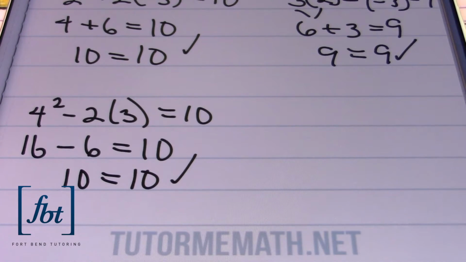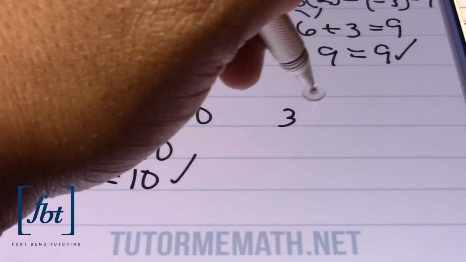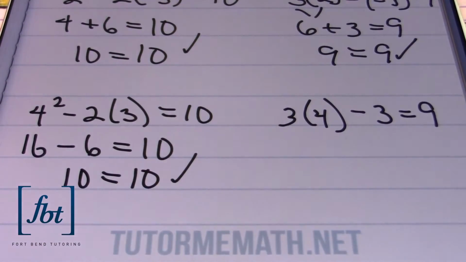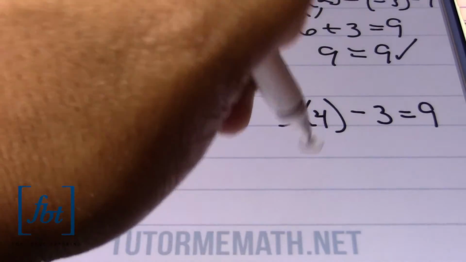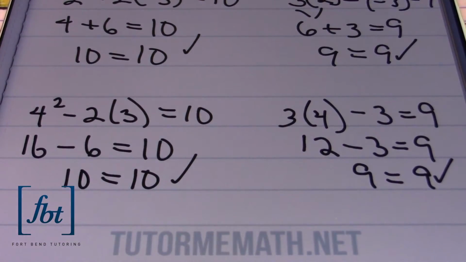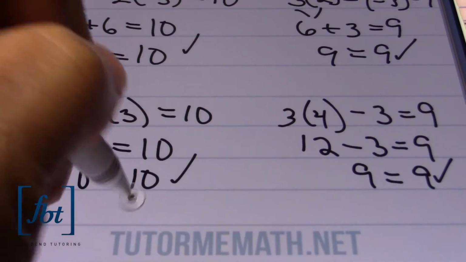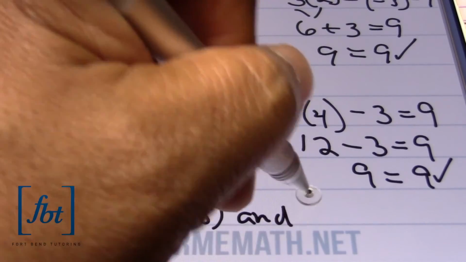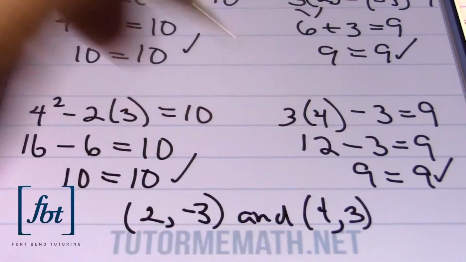Now let's try that in our linear function. We'll have 3 times 4 minus 3 equals 9. So we know that 3 times 4 is 12, and 12 minus 3 is 9. Ladies and gentlemen, looks like we found the two solutions for this system. Those points are, once again, (2, negative 3), and we also have the point (4, 3).